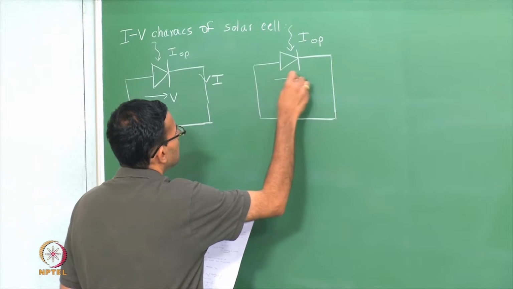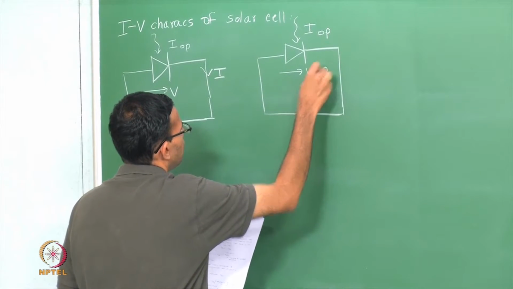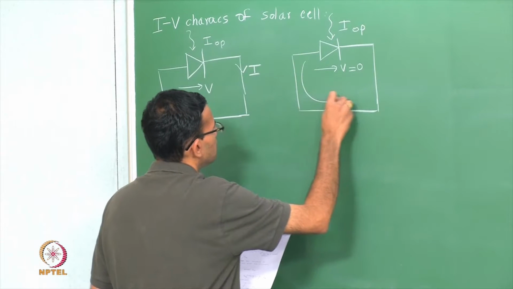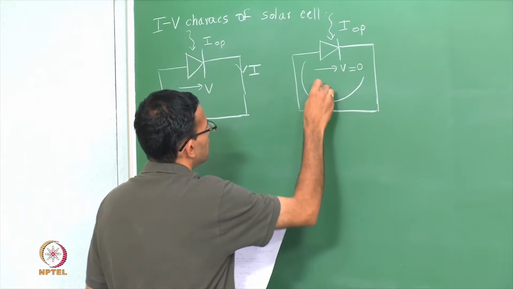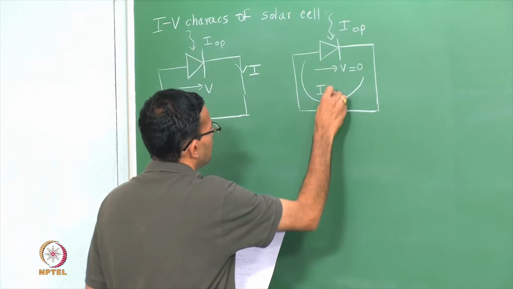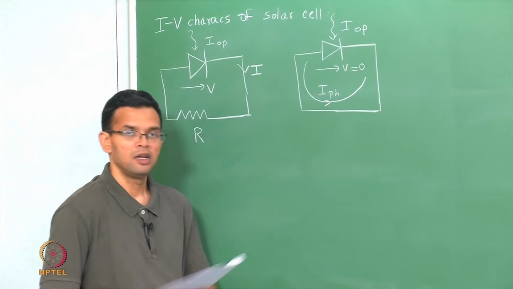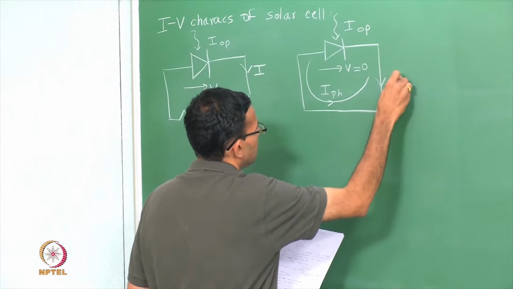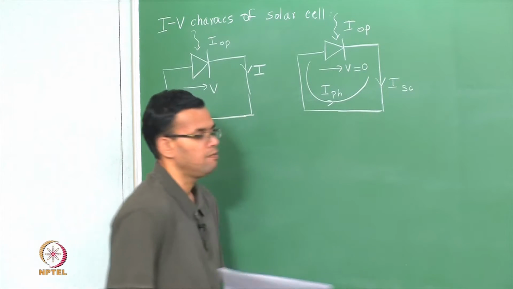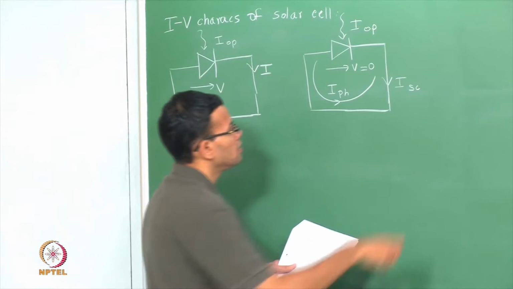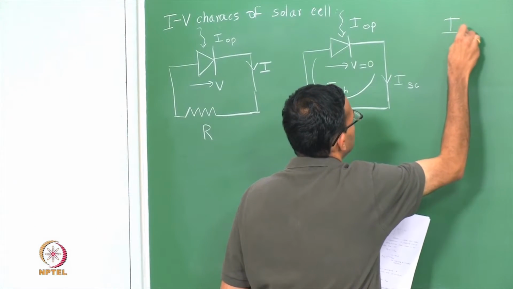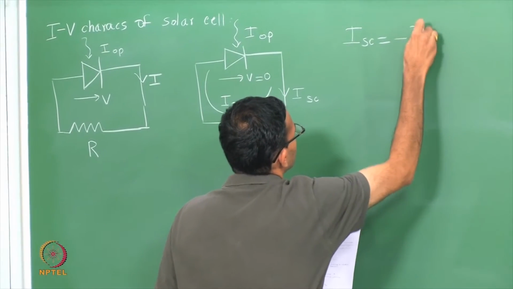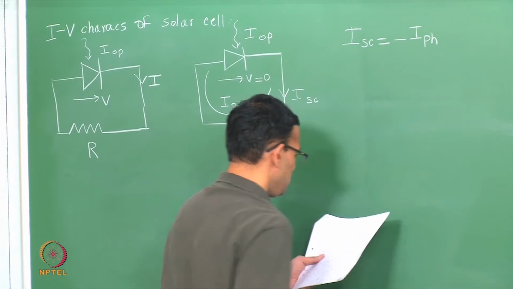In this case the voltage difference is 0 because you have a photocurrent IPH. If we define the conventional direction of current the other way and call it ISC, which is your short circuit current, then ISC is nothing but minus of IPH.